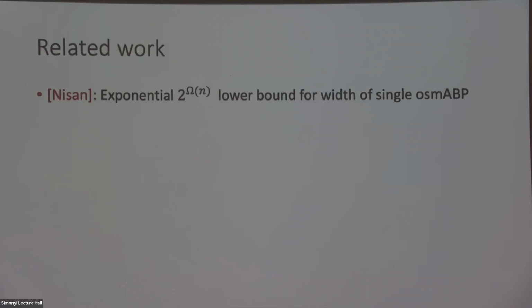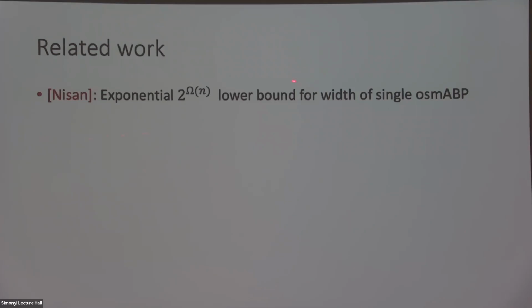Okay, so I will quickly tell you a little bit about what the related work is and then give you some flavor of what goes into the proof of the lower bounds. So for a single ordered set multilinear branching program, this goes back to the seminal work by Nisan, which started the method of partial derivatives to prove lower bounds for circuits.